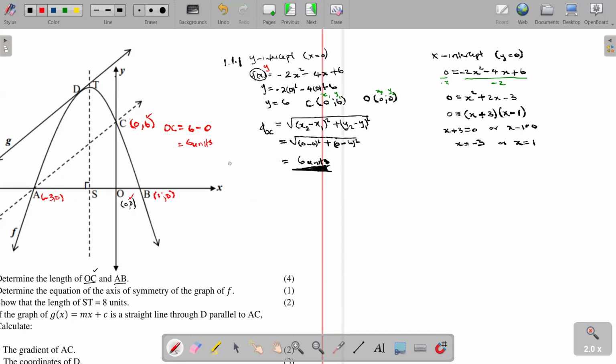So if we are to calculate the distance, you can still apply the distance formula there. So how are we going to apply the distance formula?